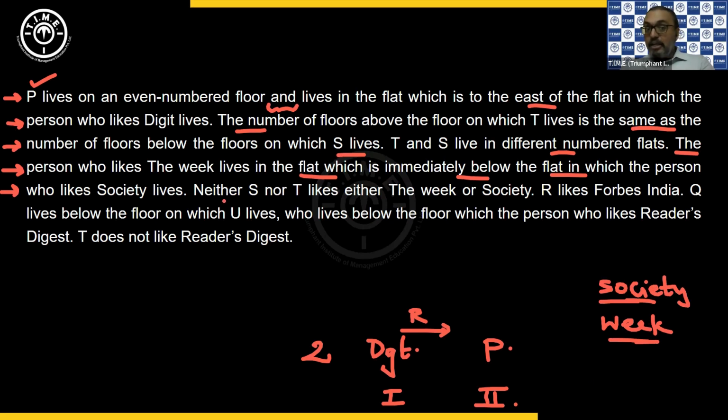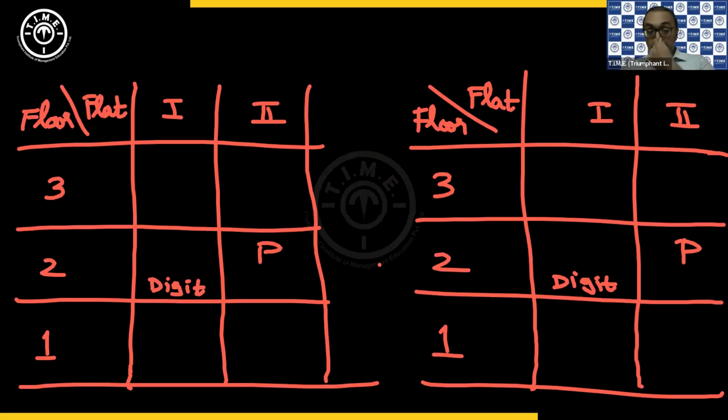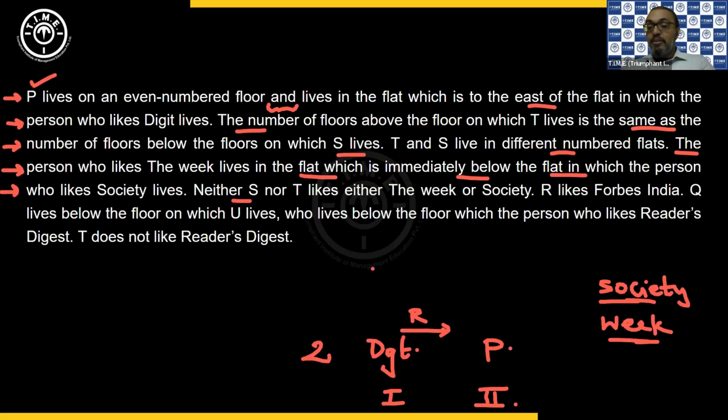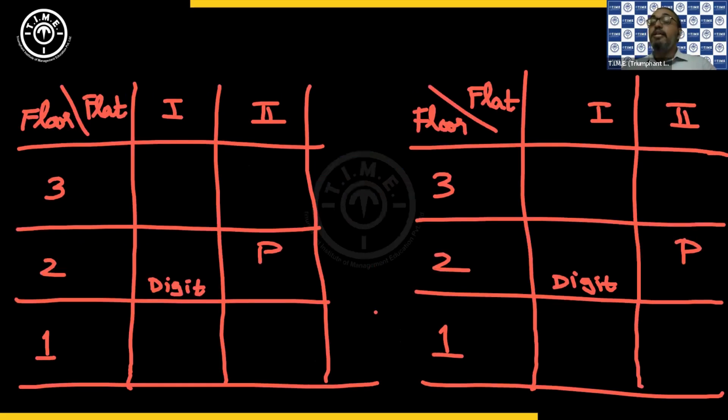But then the next condition says neither S nor T likes either the week or the society. But first let us fix where I get this society and week to be given. And I obviously know flat 1 cannot happen because the digit is already fixed in flat 1 floor 2. So it has to be flat 2 only. So this is where in reality we get two cases.